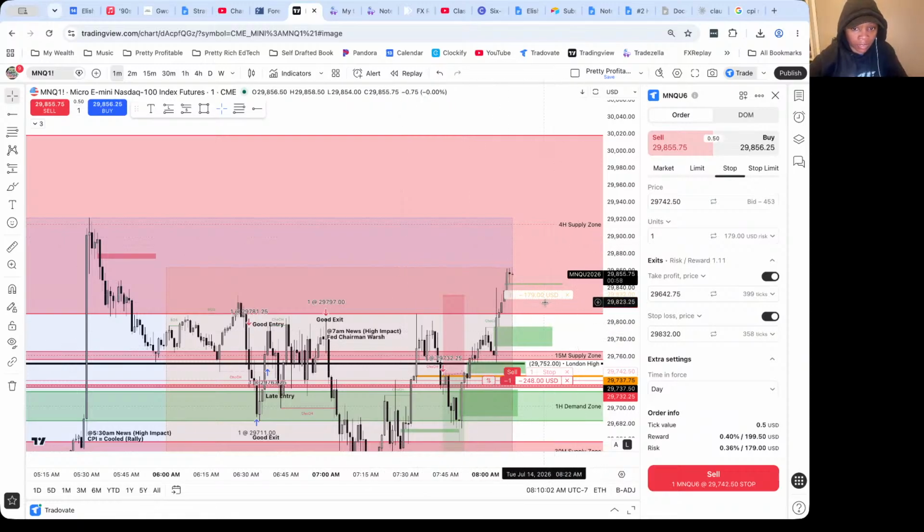I don't know why it's not stopping me out, but I really want to see how this trade plays out, though. Because at this point, y'all, I haven't lost yet, but I have the potential to lose all the money I made today just from this one trade.